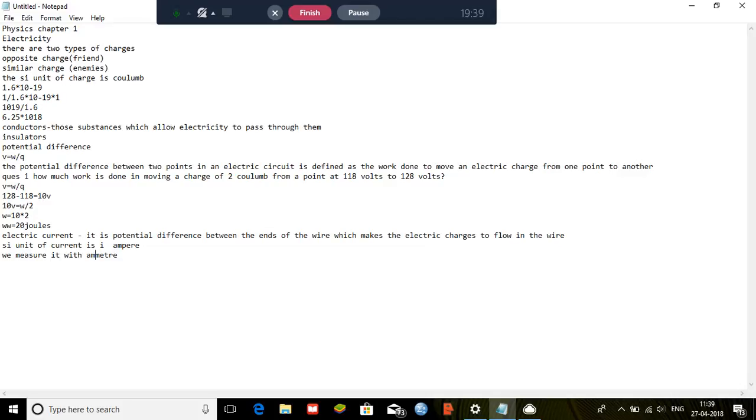These are common things which everybody knows. We know that the SI unit is ampere, and we measure it with the ammeter. But do we know the formula for how to measure it? That's I equals Q divided by T, where I is the current, Q is the charge moved, and T is the time.